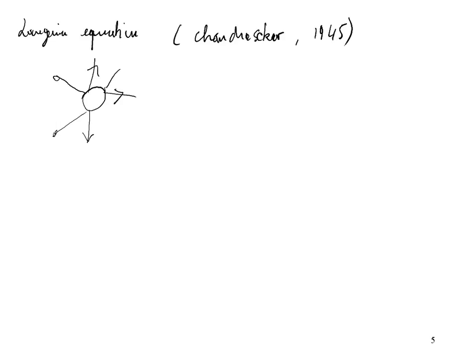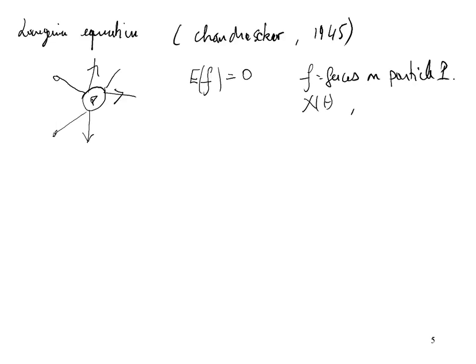So the mean number of collisions is 0. F is connected to the forces on the particle, let's call it P, that is free to move, and can be characterized by its position x of t and its velocity at time t, which is v of t.